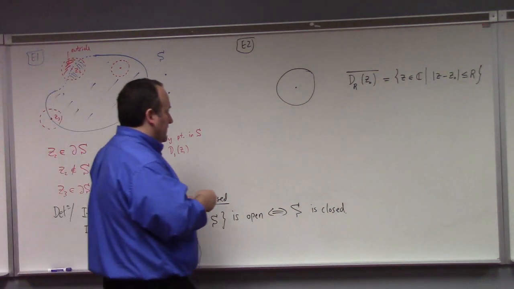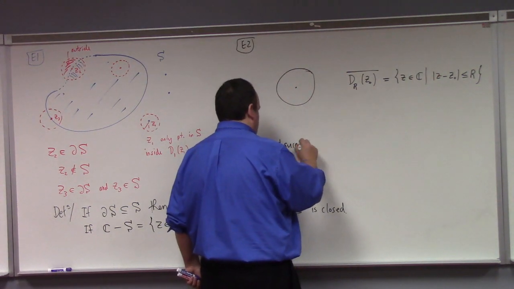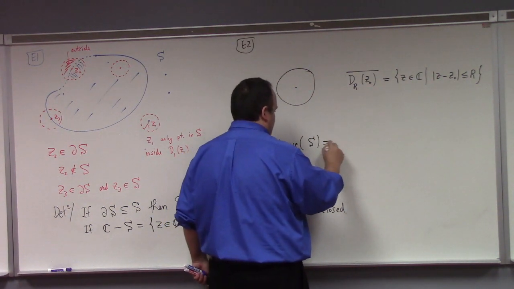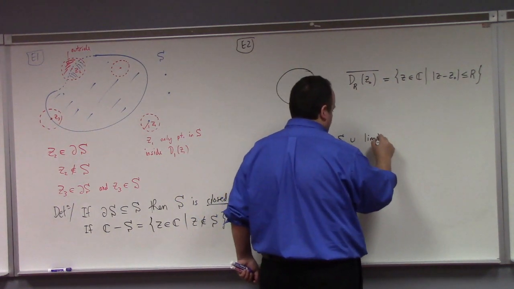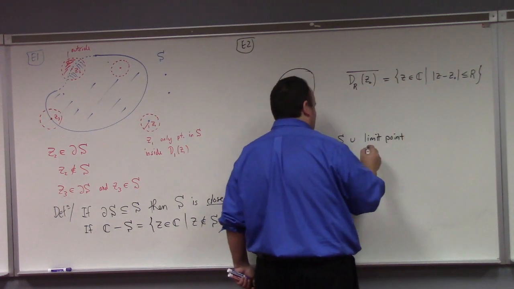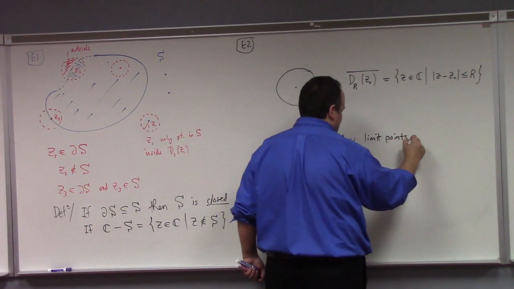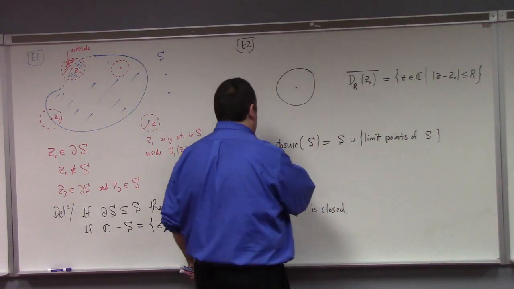So like the closure of a set, closure of S is basically like S union limit points. So I guess that begs the question, what's a limit point, right? S unioned limit points of S. That's what this notation means.